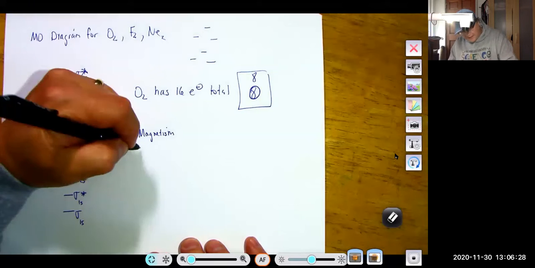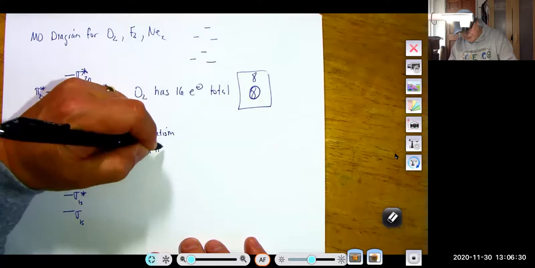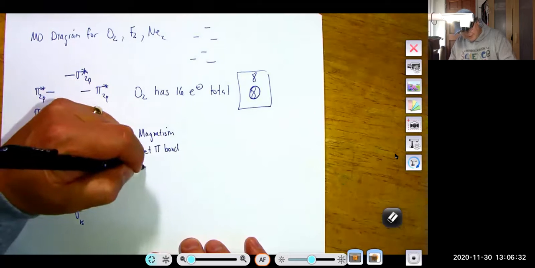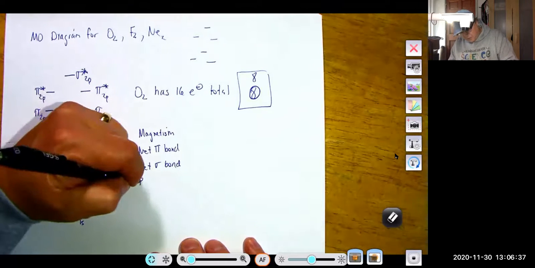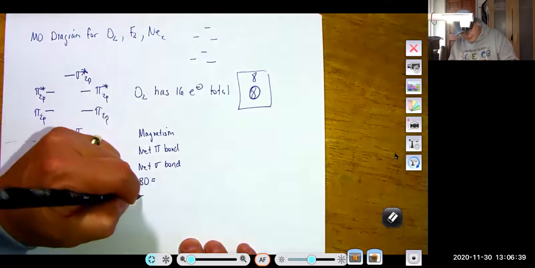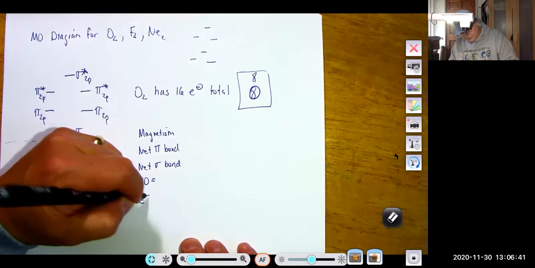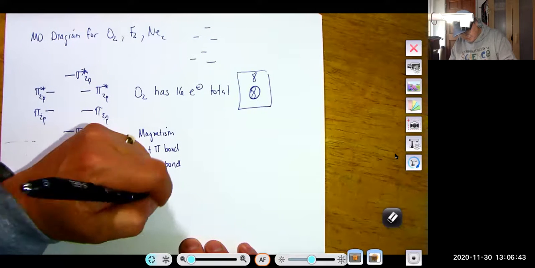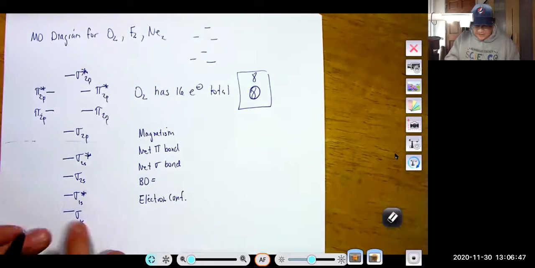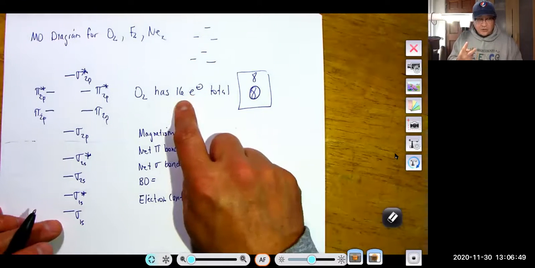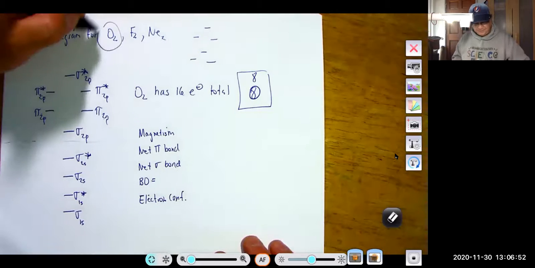I want the net pi bonds, the net sigma bonds, the bond order, and the electron configuration. So put those electrons in here, and there's 16 total because we're talking about 2 oxygens.